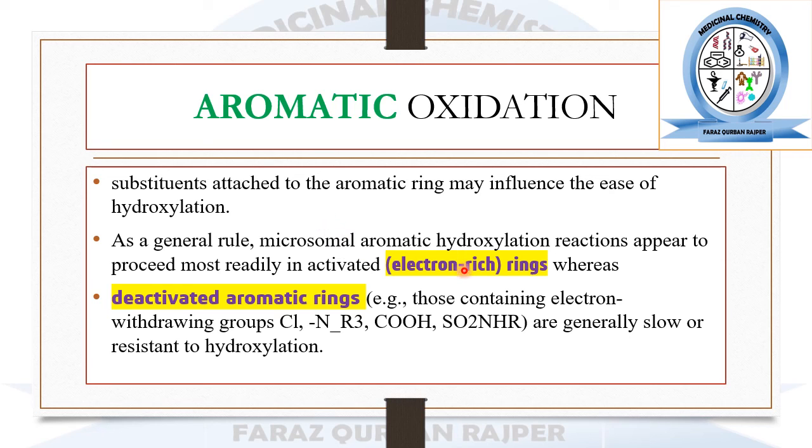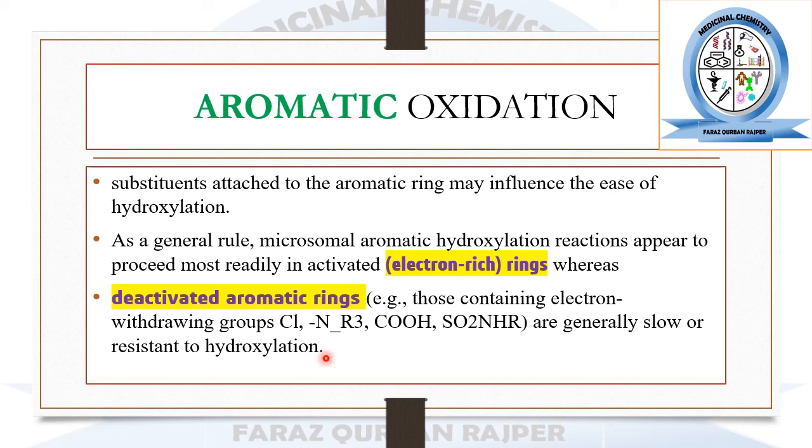So the ring activating groups are basically facilitating the aromatic hydroxylation. Means those aromatic rings in which electron rich functional groups are present, in them the aromatic oxidation reaction takes place at a higher rate. On the other hand, there are certain other functional groups that are basically causing the deactivation of the ring. They are mainly the electron withdrawing groups.